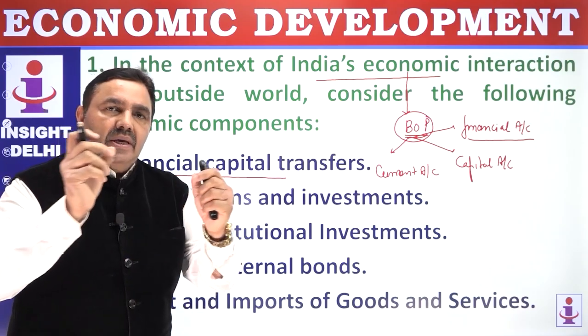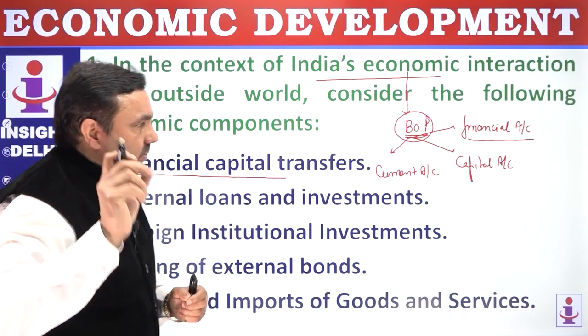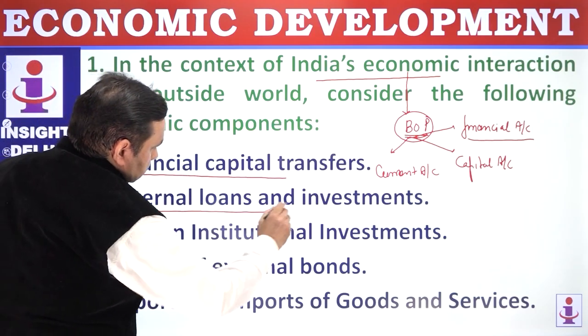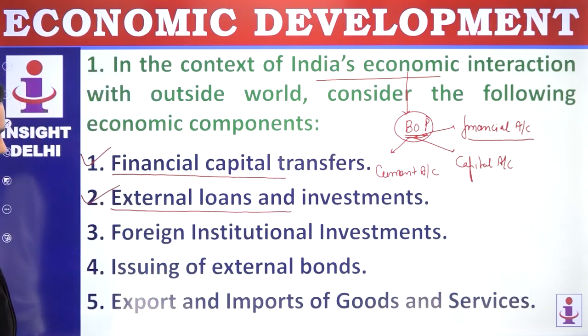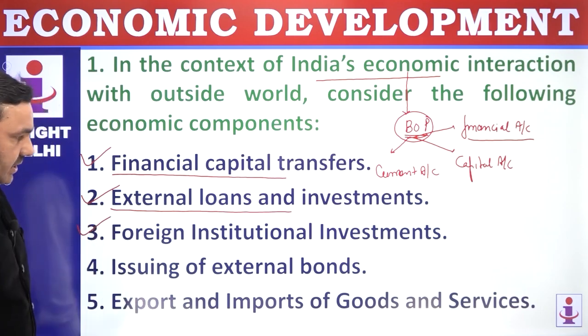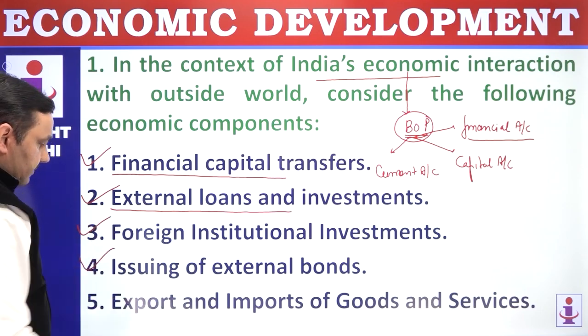Means foreigners owning Indian assets or Indians owning assets in foreign countries. So that is counted in the capital account. External loans and investment are part of the external consideration. Foreign institutional investments, so investment here, capital account. Issuing of external bonds, again you are taking loans from there.